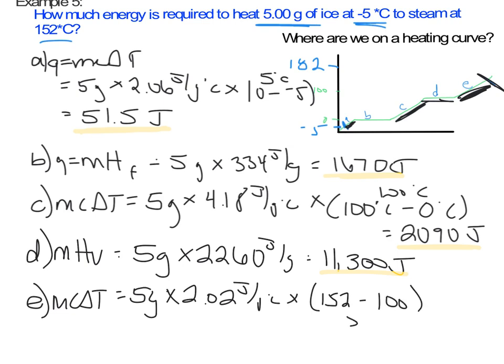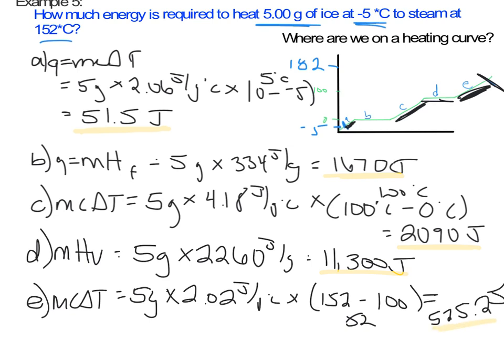So it's only a 52 degree change. Multiply those guys out. 5 times 2.02 times 52 is going to give you 525.2 joules. Now notice I haven't worried about sig figs yet because we have not gotten our final answer.